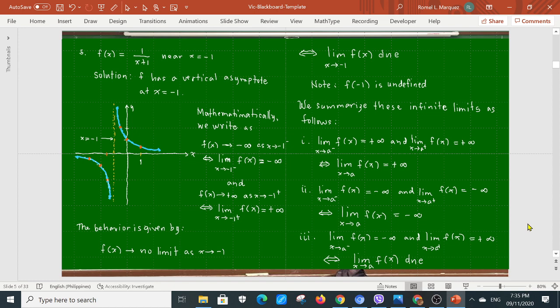So does not exist does not mean infinity only. It also means the limit from the left and the limit from the right have no same limit.